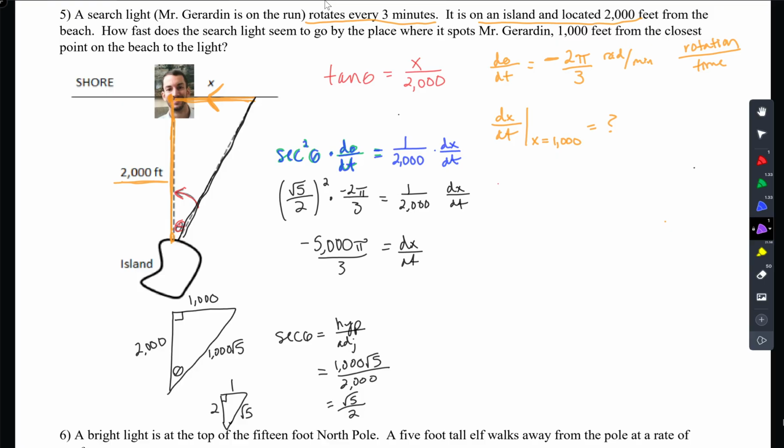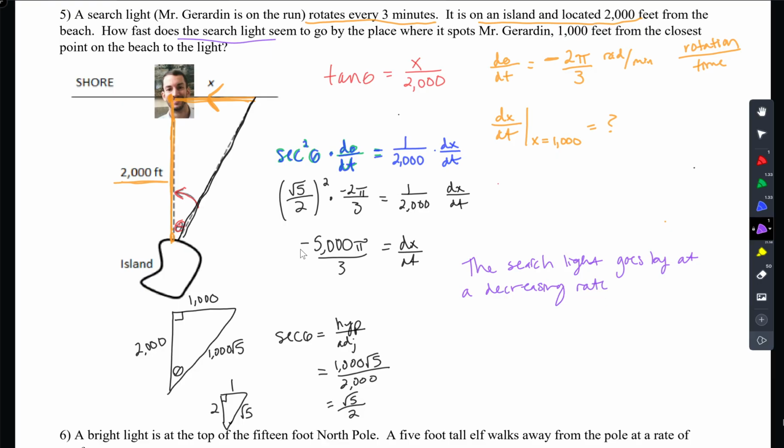So you say, what was this even talking about? The searchlight something? Okay, so the searchlight goes by at a decreasing rate.